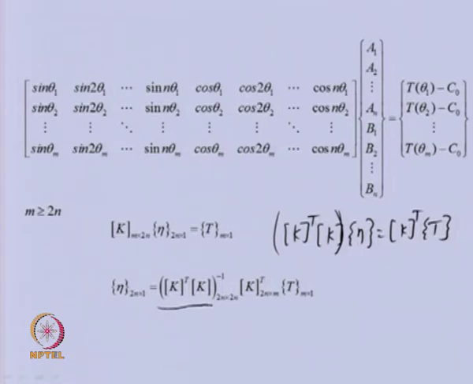We inverted this particular matrix. This is called the pseudo inverse, or basically this is nothing but the least squares fit. So, now we can get all these constants, which in fact represent what various sine and cosine harmonics are contributing to the T.